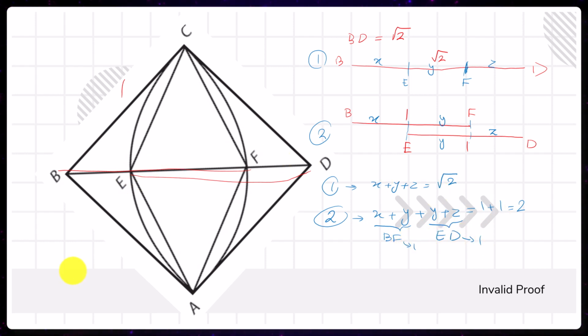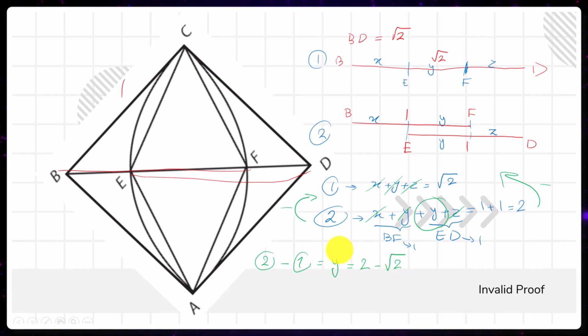Now, what we can do to calculate what we need is simple, right? We say the second one minus the first one. The x goes away with this one, this y with this one, and this z with this z. And we're left with one y, and it equals 2 minus the square root of 2.